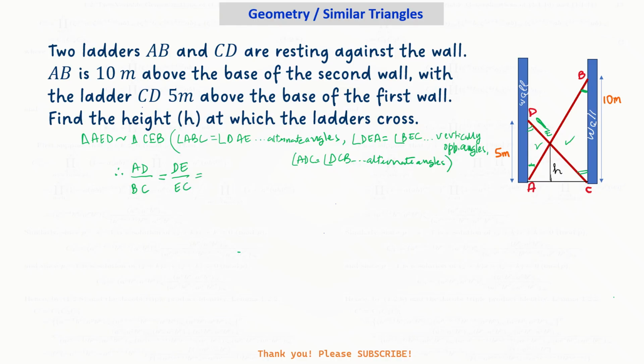Instead of AD I can write 5, and instead of BC I can write 10. So therefore DE is to EC is 1:2, and therefore you can say EC is equal to twice of DE.